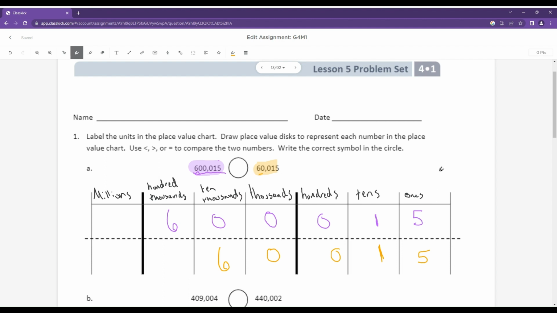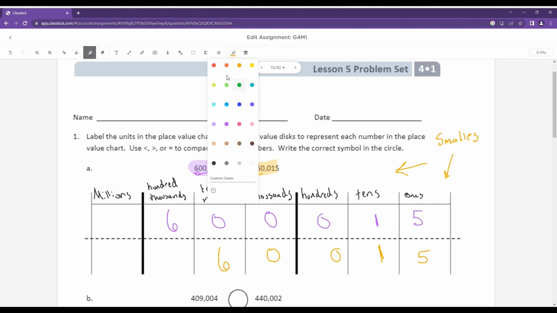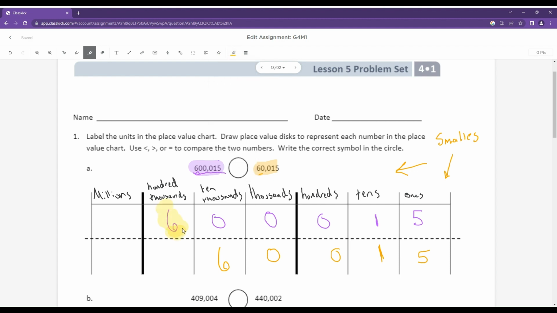So down over here, this is our smallest place values. And as we move to the left, the place values are getting larger and larger and larger. So when I notice that I have any amount, in this case, of 100,000s compared to nothing in the 100,000s, that automatically makes this the larger number.